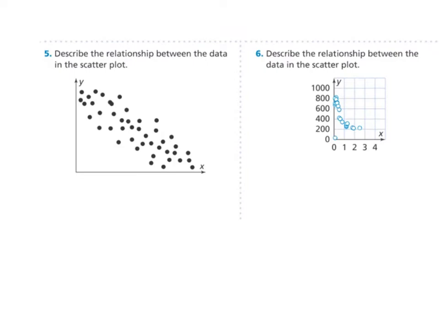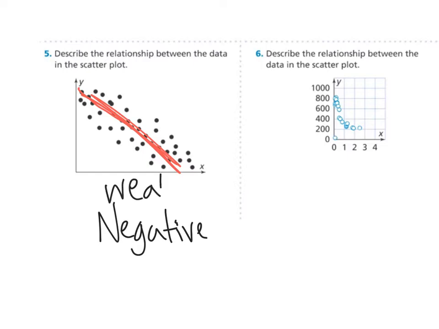Number 5, describing this relationship. We could kind of draw a line going through these points here, something like that. So that we could call a negative association. We're going to be more specific here again. These points are really not all super close to this line, so we could call this a weak negative.